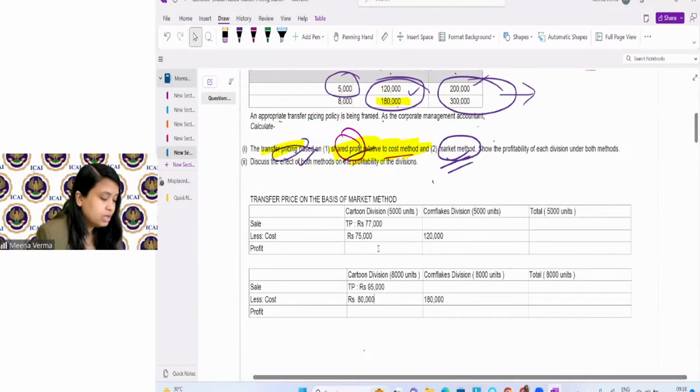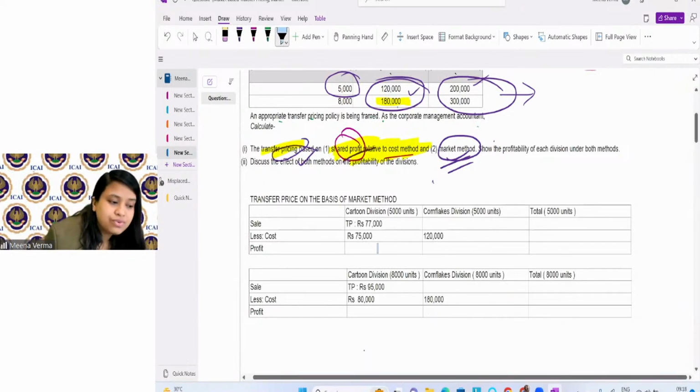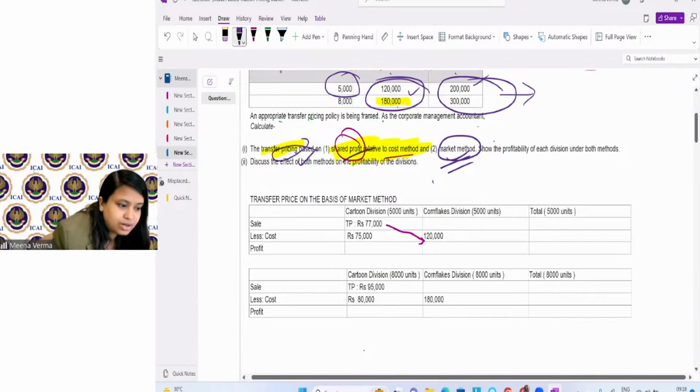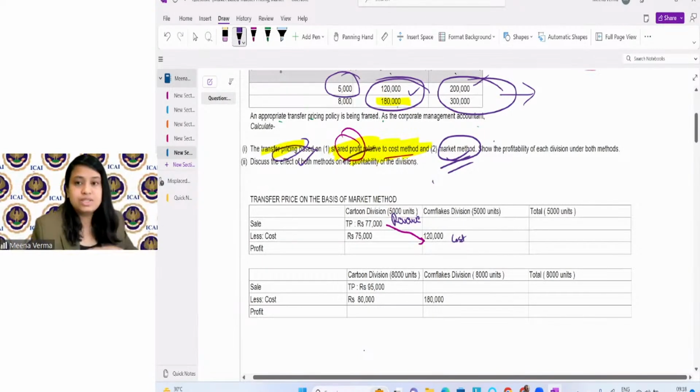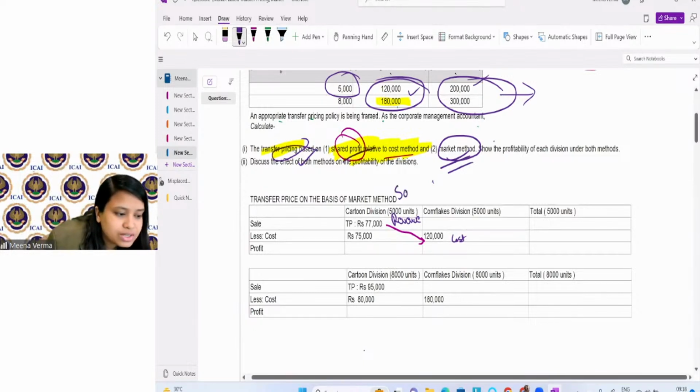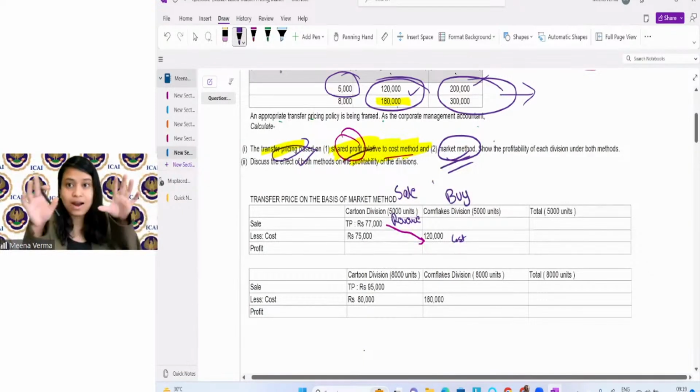And keep it in mind, the units that you will transfer from here to another division, this is revenue for them. Revenue for one division will become cost for another division, because one is selling the product and the other is buying the product. What product? The cartons, dabba.